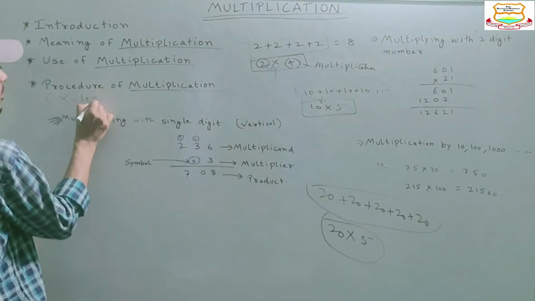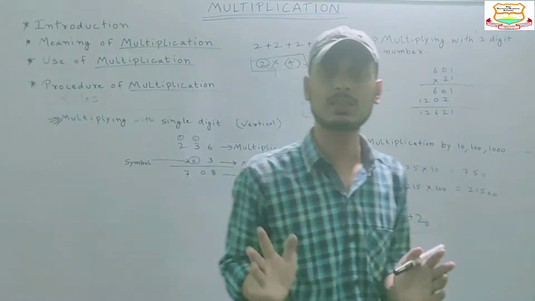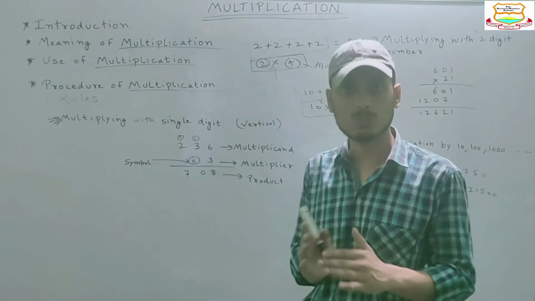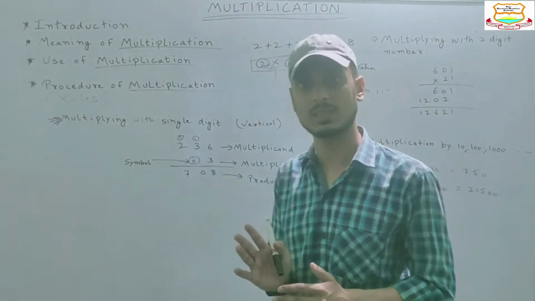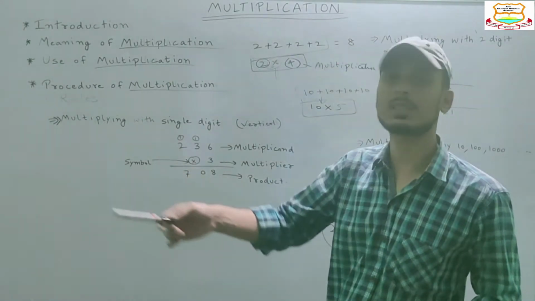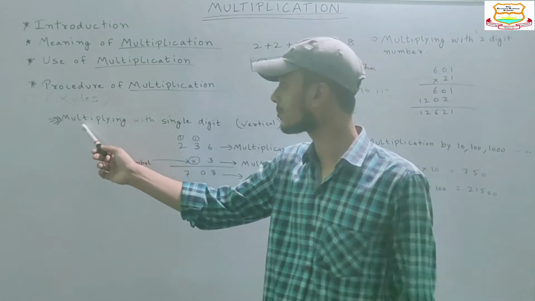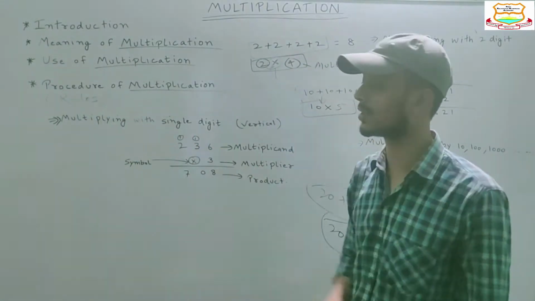So now let us see what the procedures, or you can say rules, of multiplication are. In mathematics, every operation has some rules. Without rules, we cannot perform any operation in mathematics. So let us see the first rule or procedure. The first rule is multiplying with a single digit.